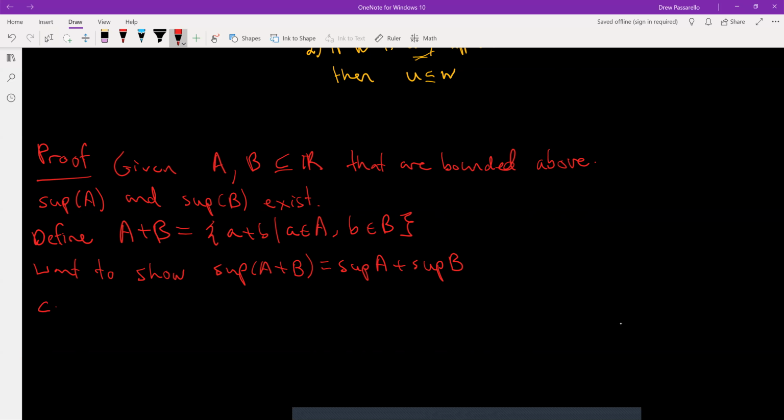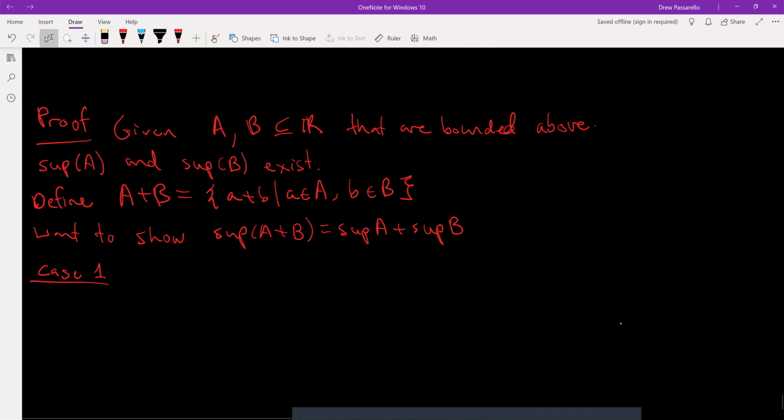So case 1, we'll show less than or equal to. So supremum of A plus B is less than or equal to the supremum of A plus the supremum of B. All right, and then after that, we're going to show supremum of A plus supremum of B is less than or equal to supremum of A plus B.